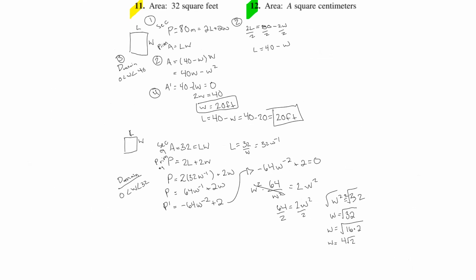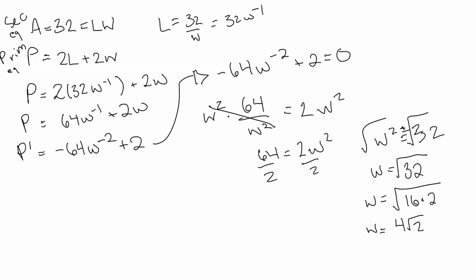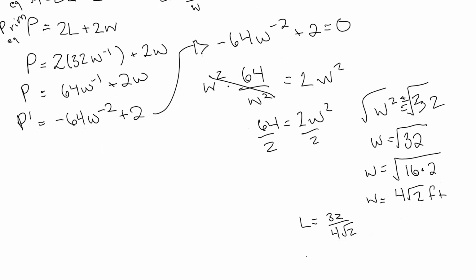I believe our quantity was feet. Yeah. So our width is 4 root 2 feet, and our length is 32 divided by W, so 32 divided by 4 root 2.